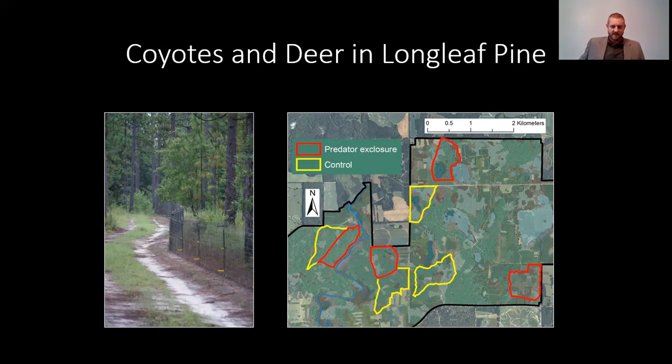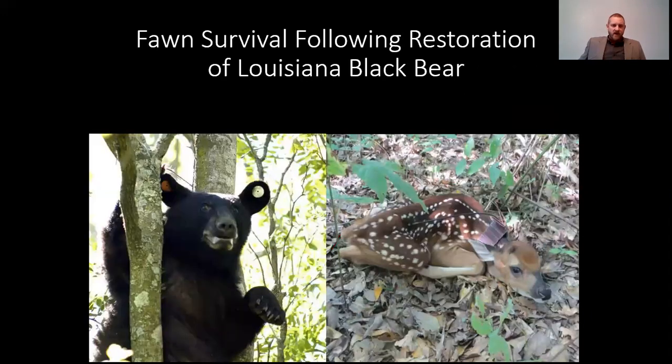We also studied fawn survival following the Louisiana black bear reintroduction in the Tensas River National Wildlife Refuge. So after about 10 years of reintroductions and restoration effort for black bears, managers were incrementally reducing the harvest opportunity on this refuge.